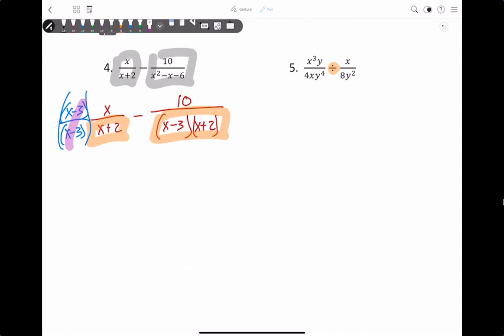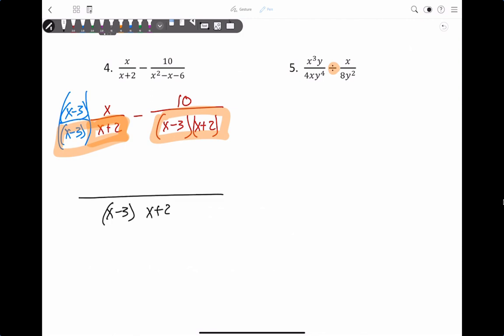You're defeating the purpose, actually, of trying to get a common denominator. So you don't want to cancel that out. You want to keep that because now you have common denominators, which you can write as one huge fraction that has a common denominator of x minus 3 and x plus 2. That's the difference between adding and subtracting versus multiplying and dividing these rational expressions.